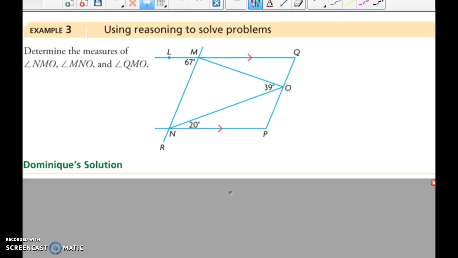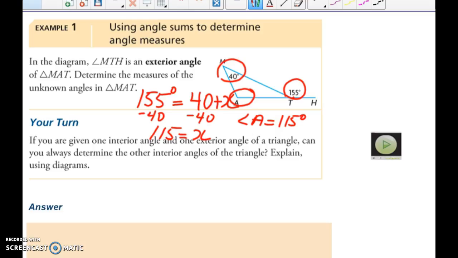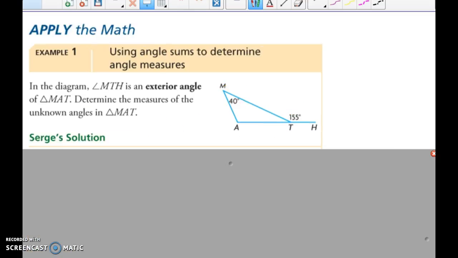Okay, so if we go back to example 1, in the diagram it says MTH is an exterior angle. Determine the measures of the unknown angles. So if this angle is 155, it means that this angle and this angle add up to this exterior angle.